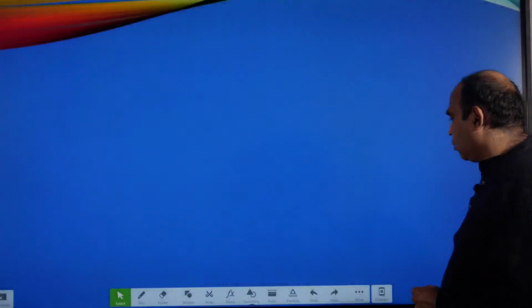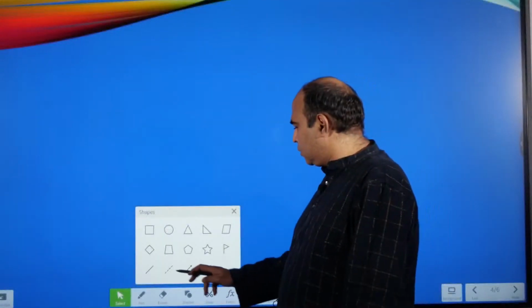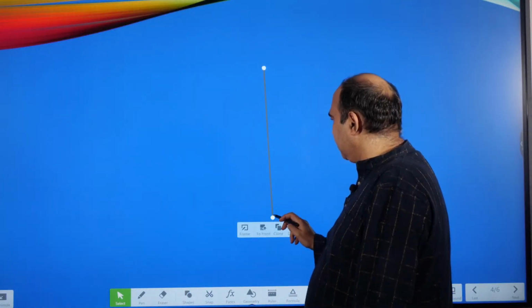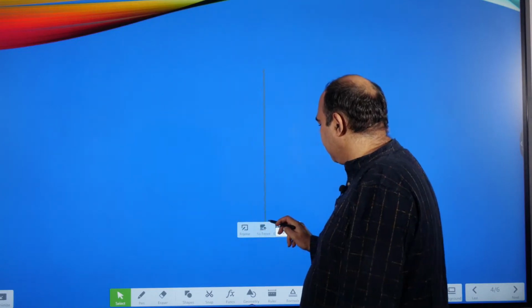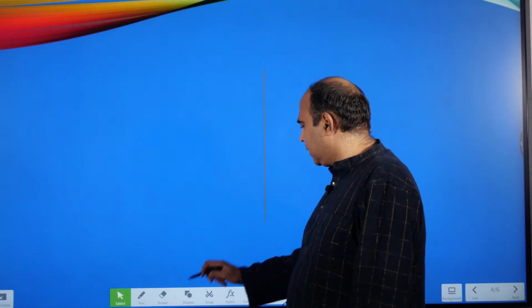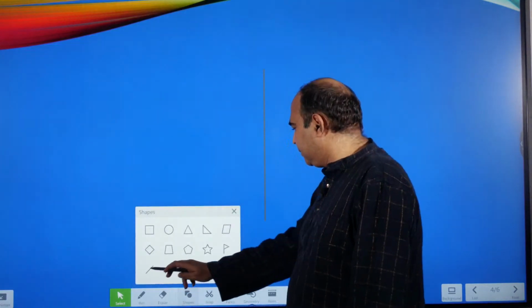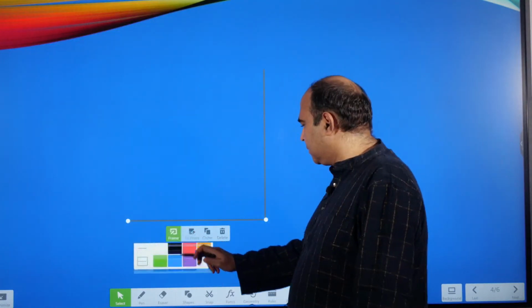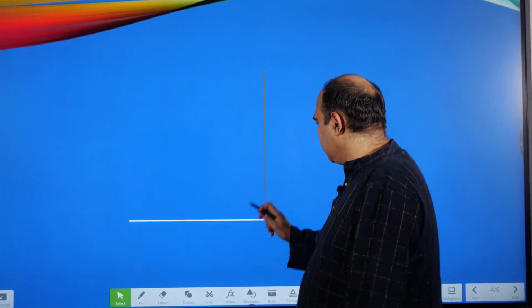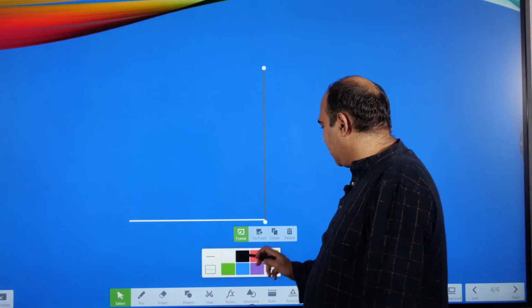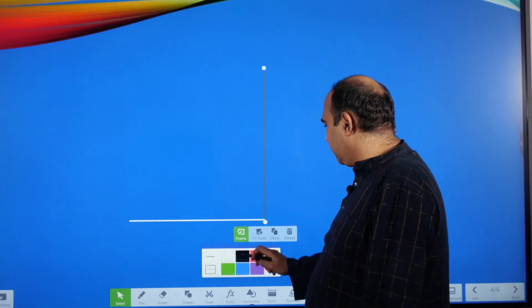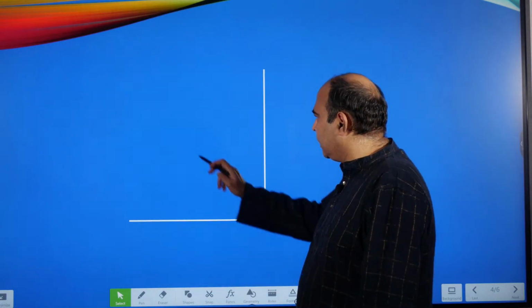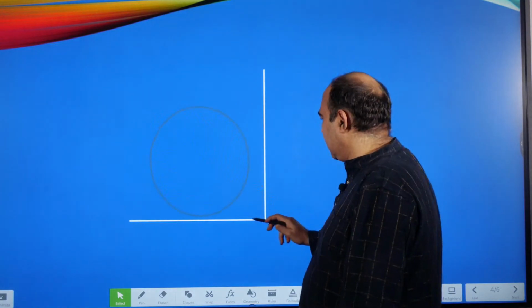So let's go into a construction of this. There's a right angle here, and a circle with radius 2 is touching that right angle.